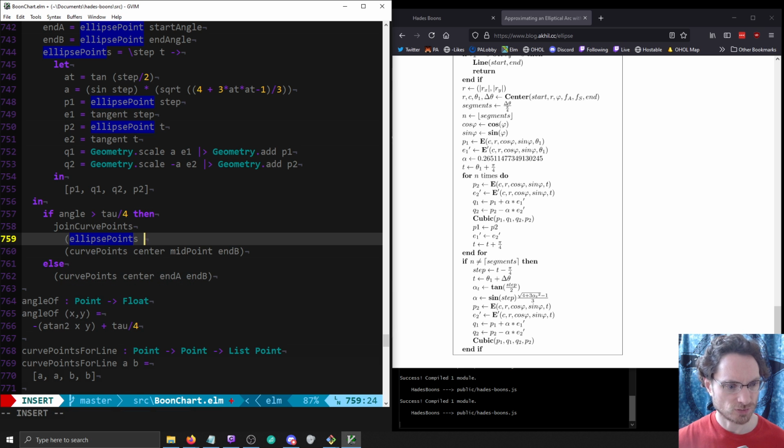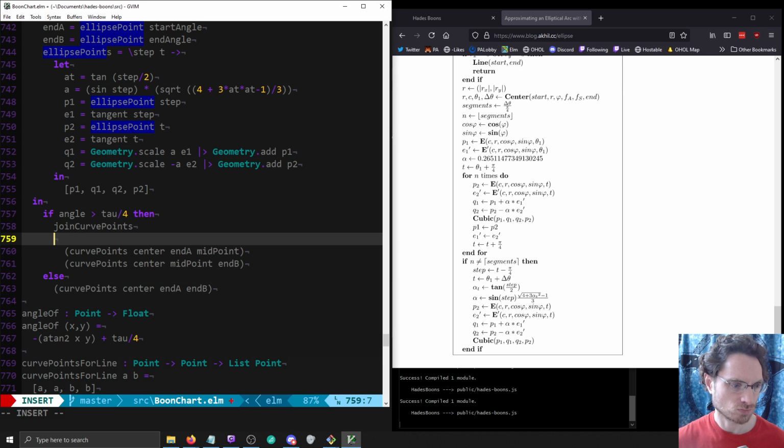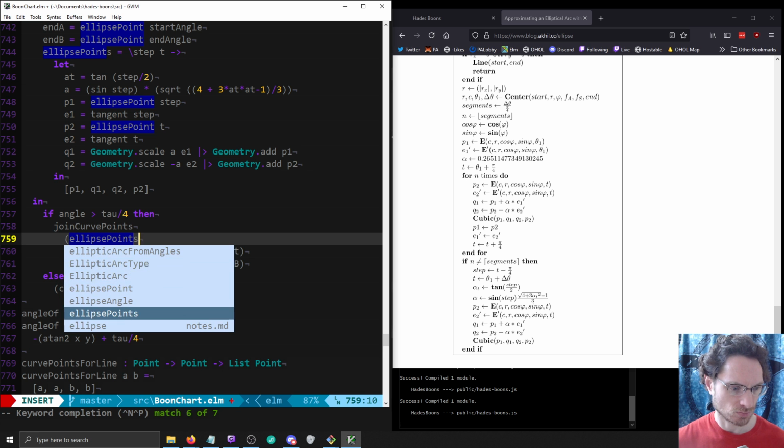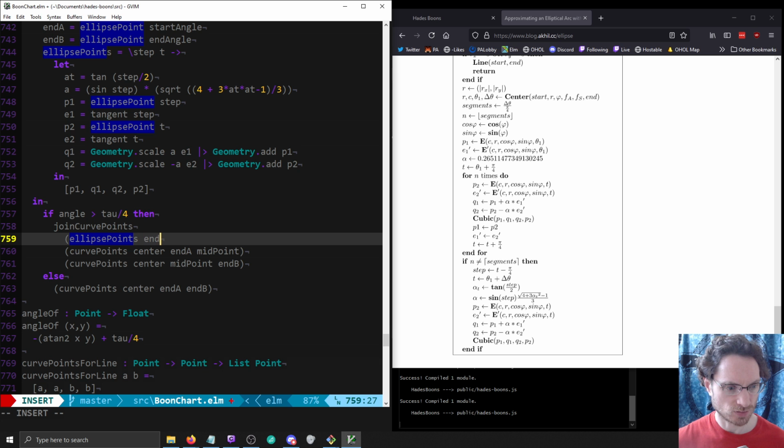Ellipse points from... Well, this was... Ellipse points from start angle to mid angle.